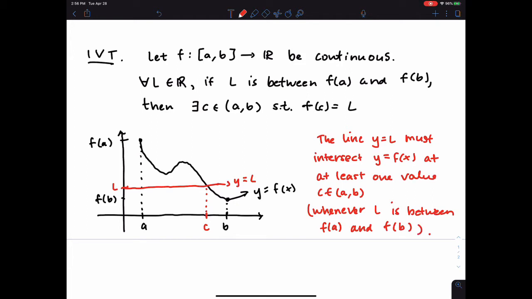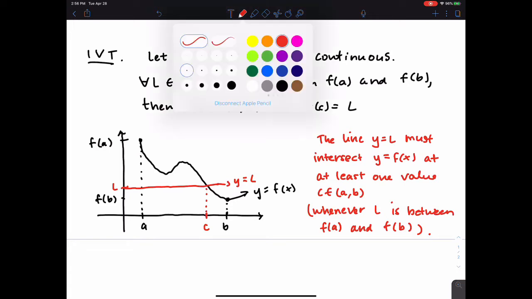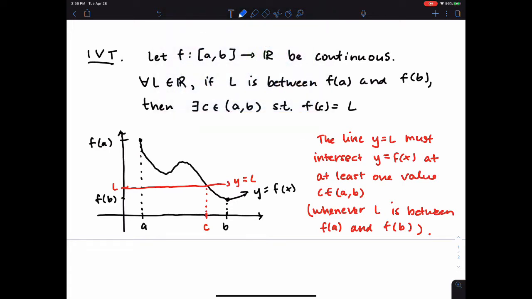So I could pick any number I want on the y-axis that's between f of A and f of B. I could have, for example, put my L value right here. Maybe this is y equals L prime. Notice in this case that I actually intersect at 3 different C values.